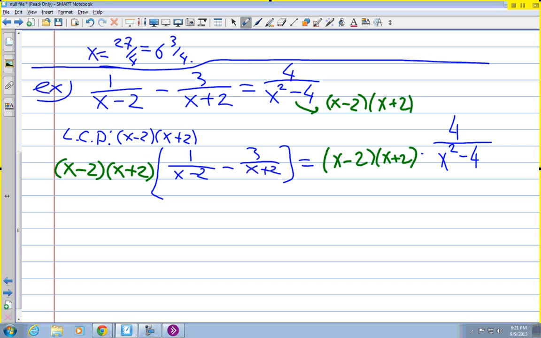That's still legal. But now, when we distribute, the entire thing multiplies the first term, and the entire thing multiplies the second term.